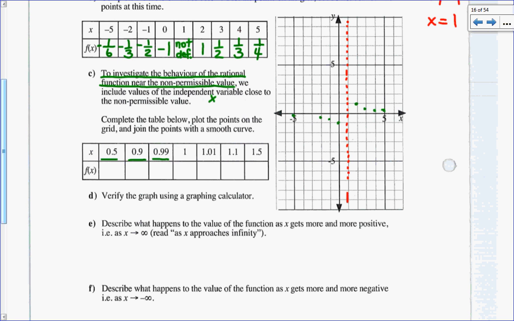They're getting closer and closer to 1. And then on the other side of 1, getting closer and closer to 1. Okay, if we plug them in, your y value would be -2, -10, -100. Again, at 1, this equation is not defined. It would give you a 0 in the denominator. Then we have 100, 10, and 2.